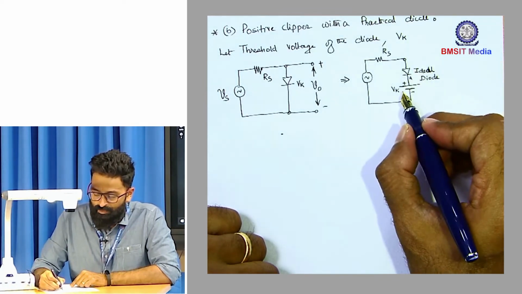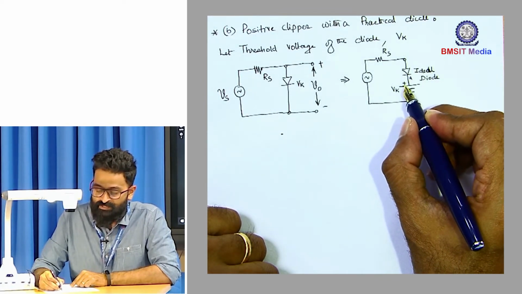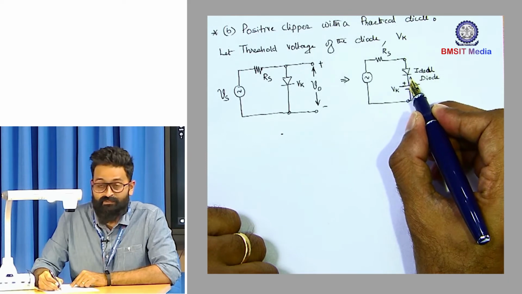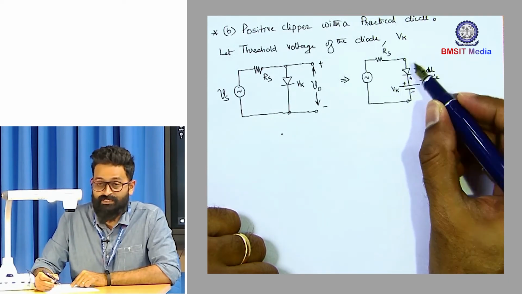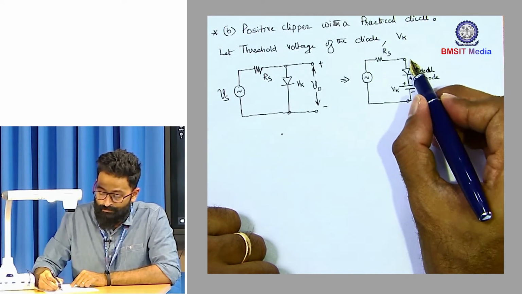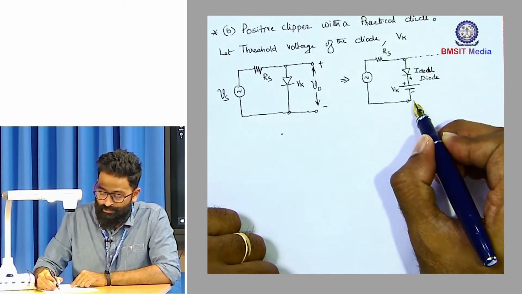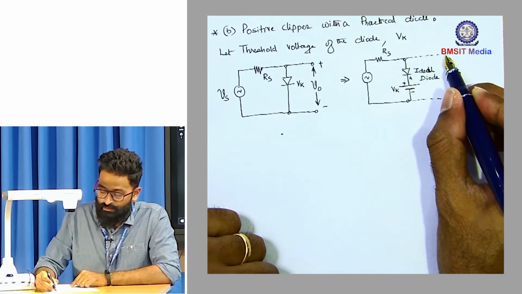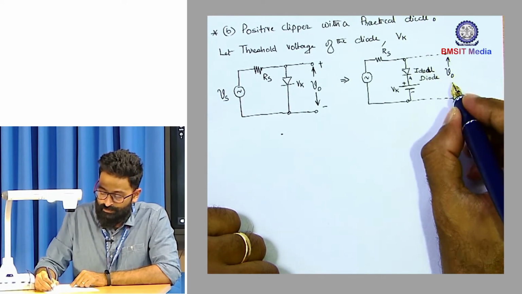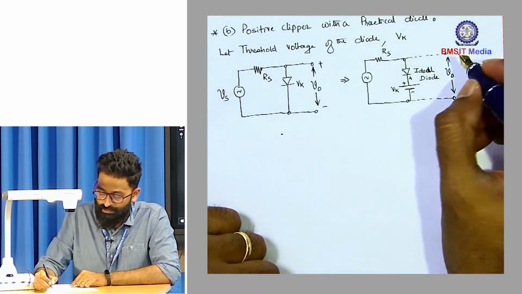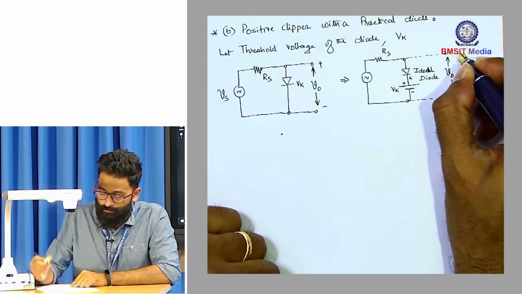So upper side of Vk is positive, which is connected to anode of the diode. So you can say that the barrier potential is opposing the diode conduction. So this is the logic to place the barrier potential. Okay, it always opposes the diode conduction. This is your output. Okay.